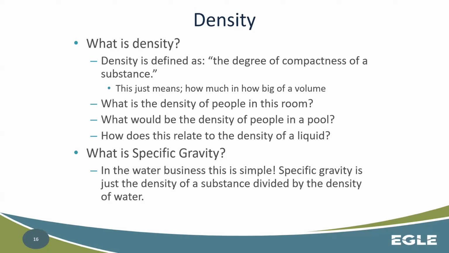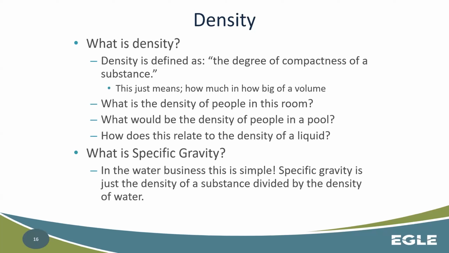So then specific gravity is what we get when we relate in a ratio other densities to water. For example, to find the specific gravity of a solution you're interested in, you take the density of that solution, divide it by the density of water, and you get your specific gravity.